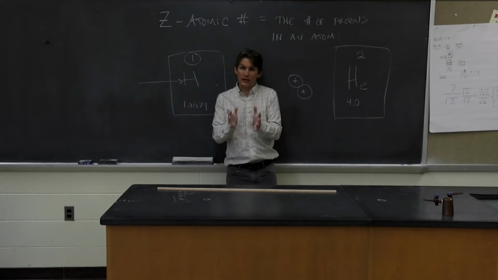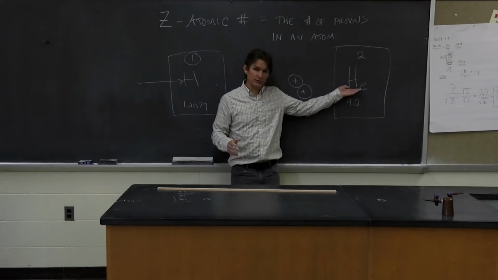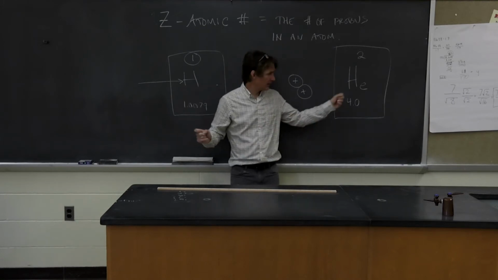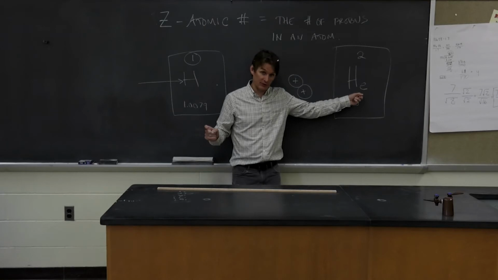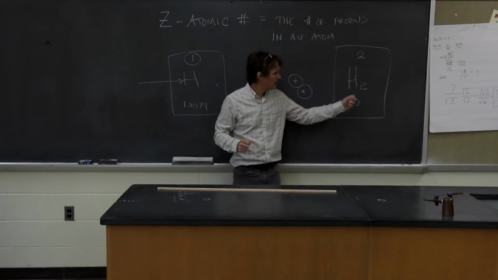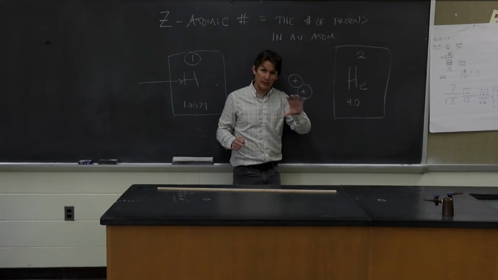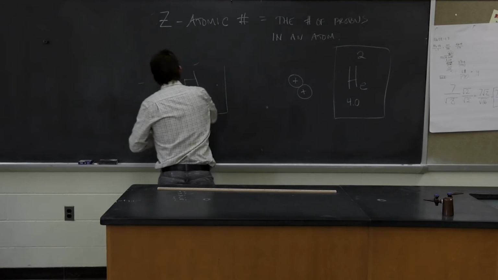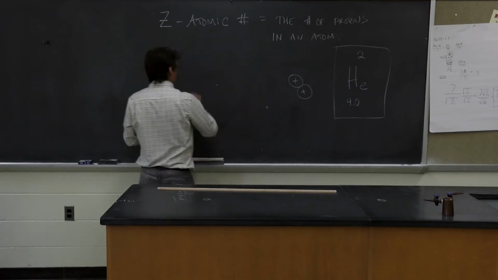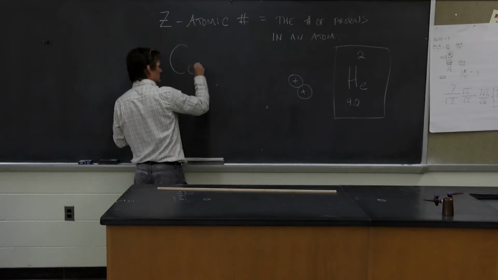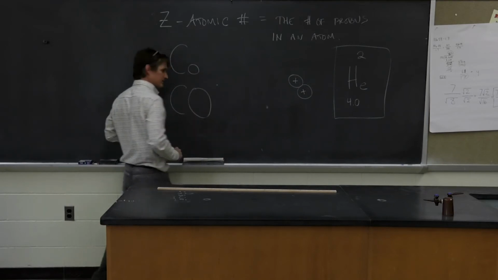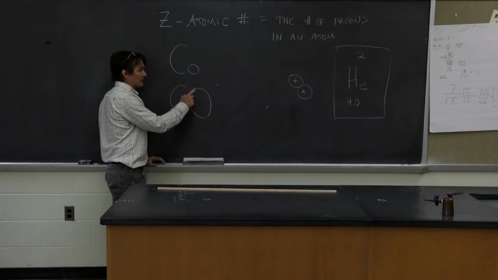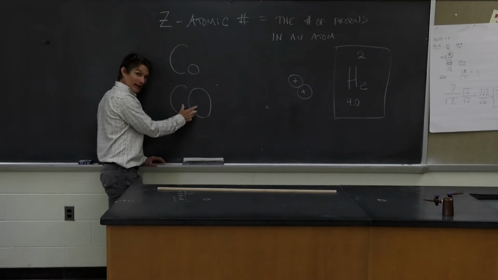Notice that when we write an atom symbol with letters, the first letter is always capitalized, H for hydrogen, He for helium, and the second letter, if there is one, there's not a second letter in hydrogen, but that second letter in helium, is always written lowercase. And that's important because if we look at the element cobalt, I don't want to write cobalt like this, capital C, capital O, because this actually means carbon monoxide.